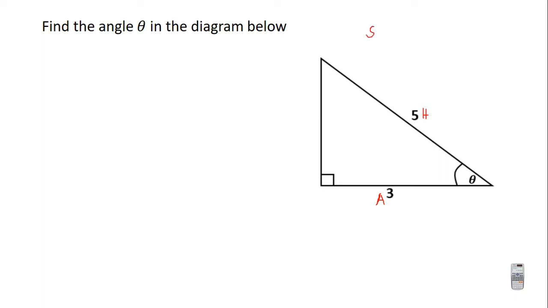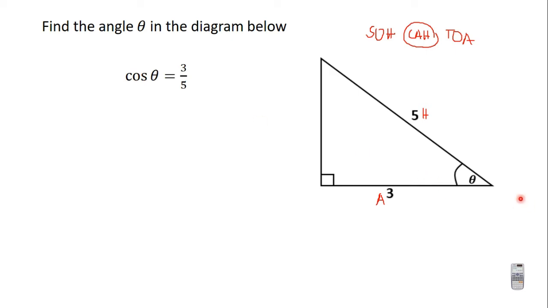Once again, don't forget SOHCAHTOA. Meaning that if we have adjacent and hypotenuse, we should use CA, which is cos. So here we are going to use cos.